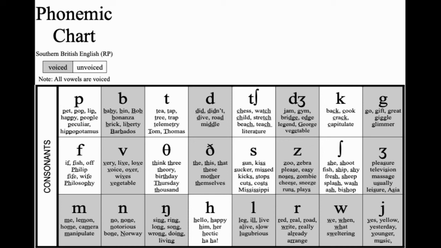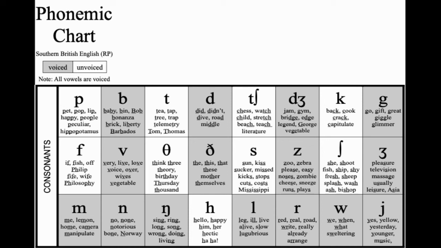D is a voiced, lenis, alveolar, plosive consonant, like in did, didn't, drive, road, middle. Ch is a voiceless, fortis, palato-alveolar, affricate, like in chess, watch, child, stretch, beach, teach, literature.